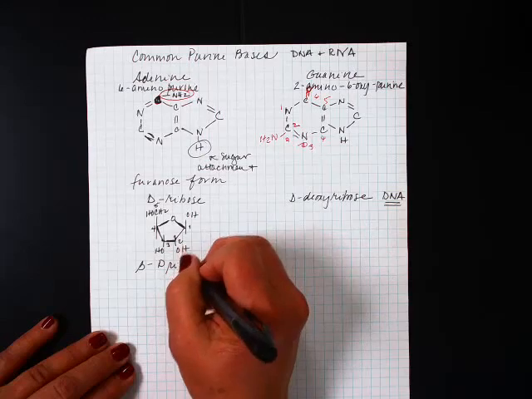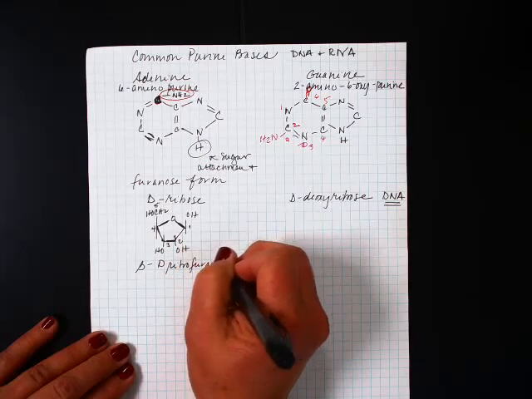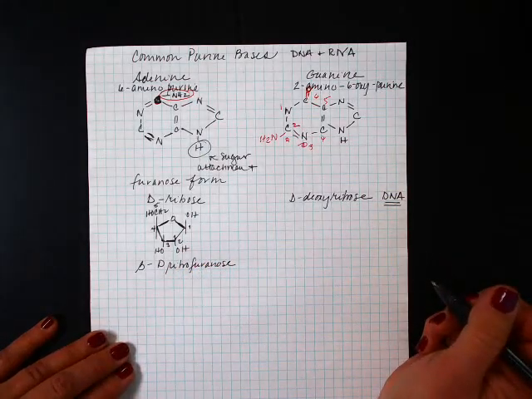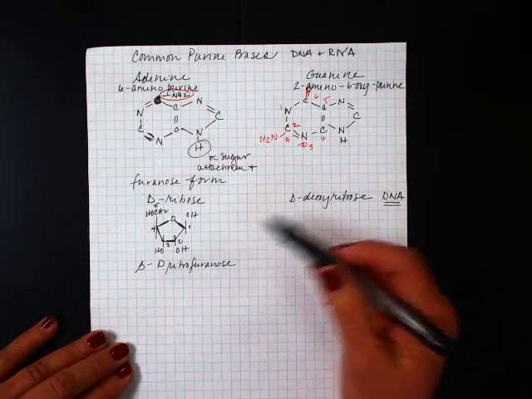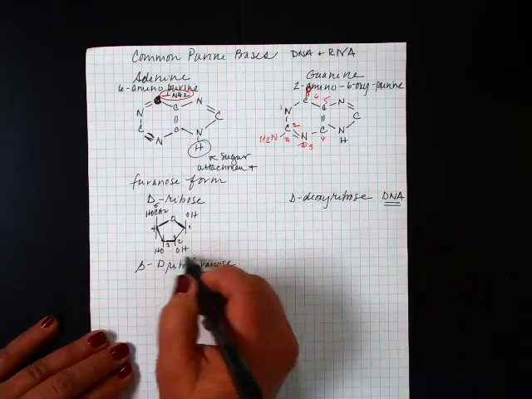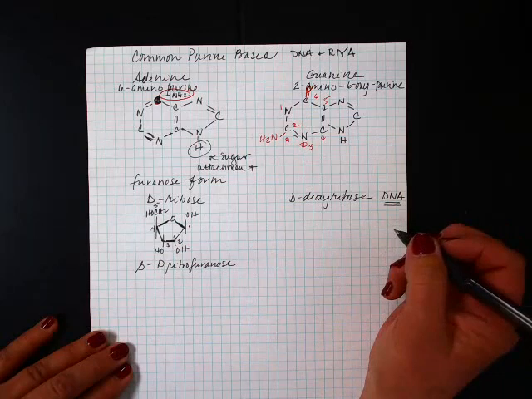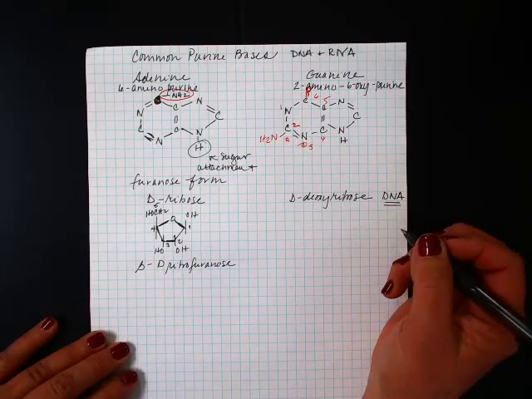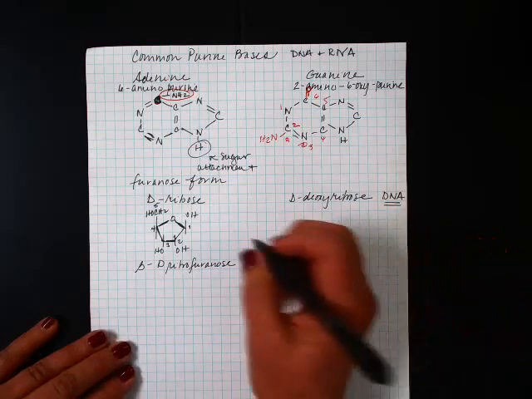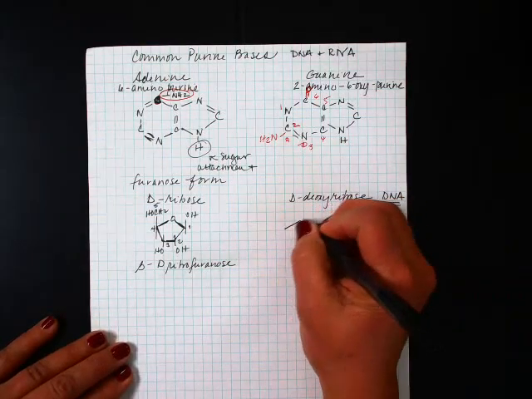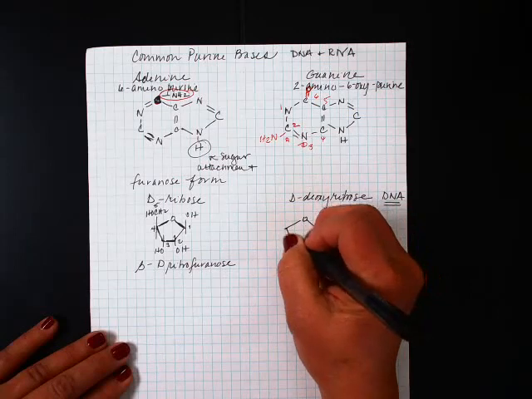And the only difference between this molecule and the deoxyribose is that the 2 position has lost its hydroxyl group. So maybe I can do a little better job this time. Here we go.